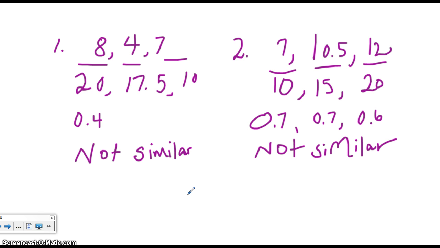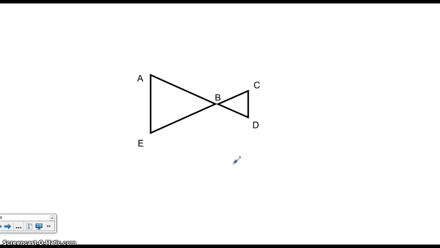Flip to the next page, please, or if you don't have it, I have the diagram right here for you. We have this shape that's not a polygon because they intersect. We know that this angle here is given to us at 65 degrees. That's a big 65.